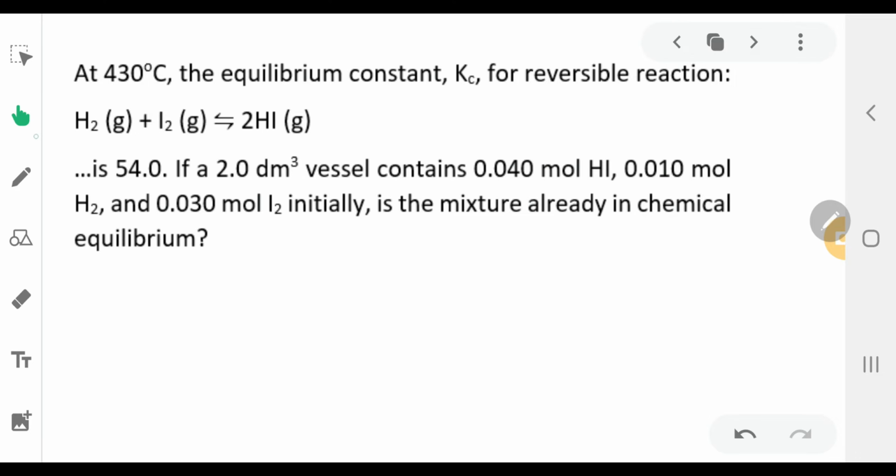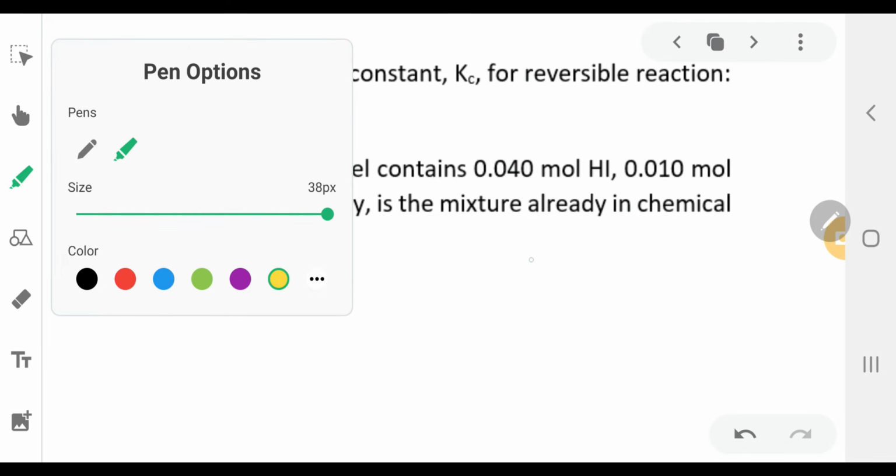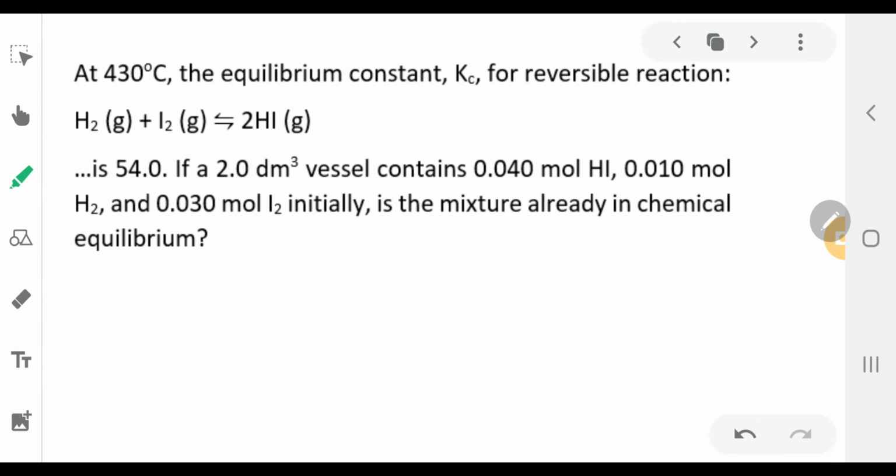If you have clues like this, where they ask whether it is at equilibrium, and the value of Kc or Kp is given to you, that means you don't have to construct an ICE table, but you need to compare Qc and Kc.